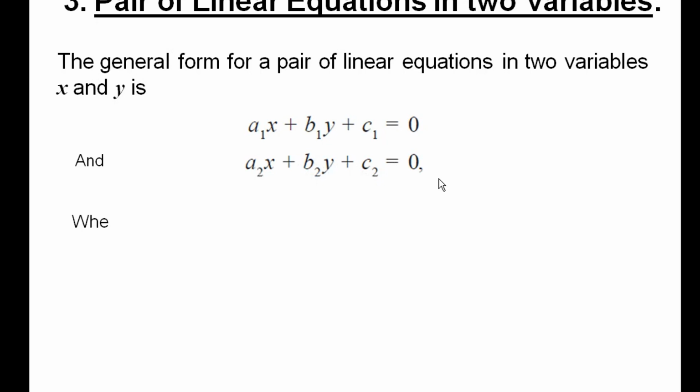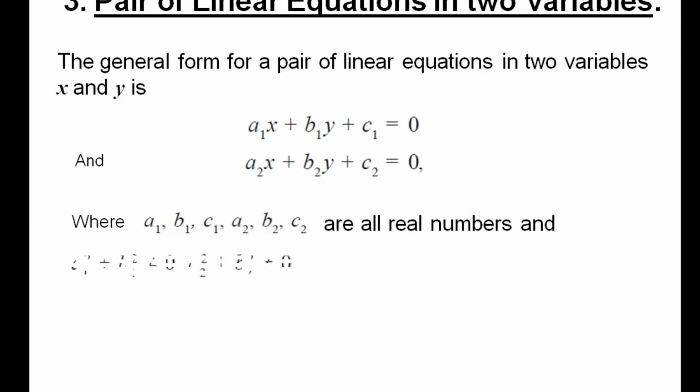Okay students, these coefficients a1, b1, c1, a2, b2 and c2 are all real numbers, and for the first equation the condition is a1 squared + b1 squared is not 0, and for the second equation the condition a2 squared + b2 squared is not 0 should be followed.